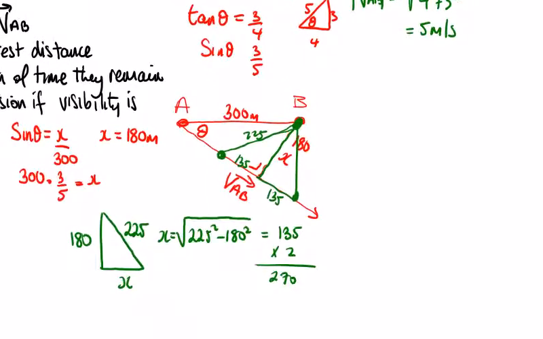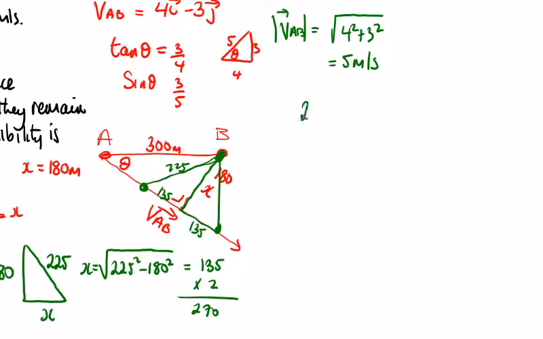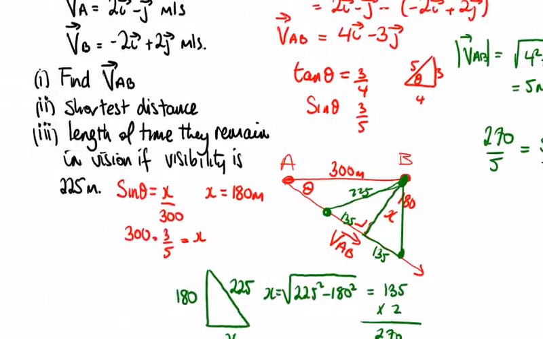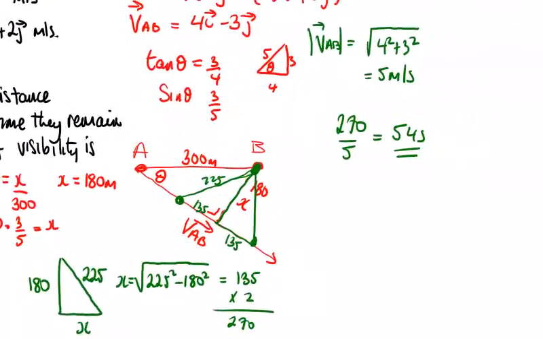So what do we have? 270 over 5 is going to be 54 seconds, which is what they asked us to find: the length of time they remain in vision is this 54 seconds. That's this question. On to the next video.